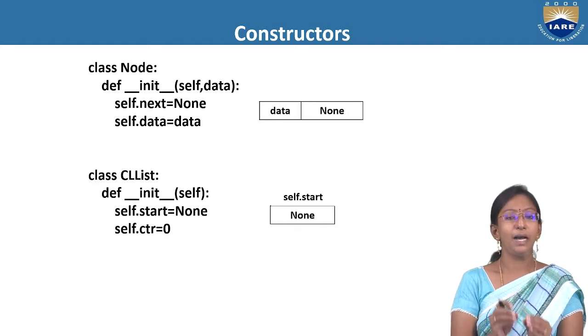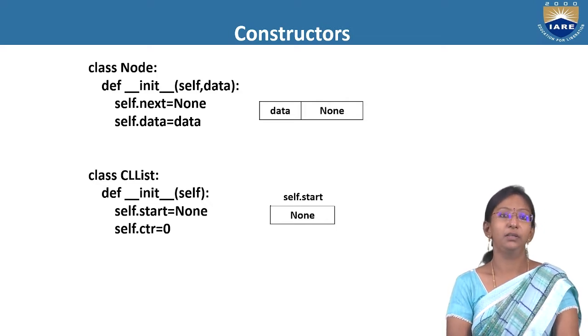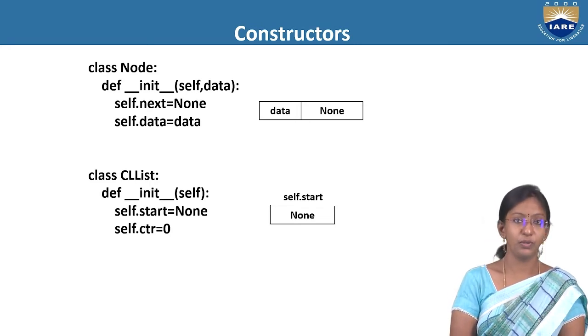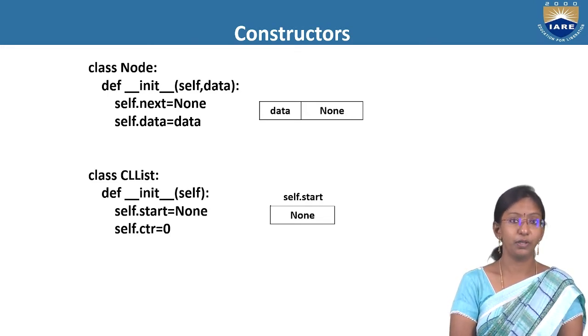As I said, the building block of linked list is nothing but a node. So let's see the constructor of a node. As Python is an object-oriented programming language, I would like to take the leverage of the class concepts over here, right?